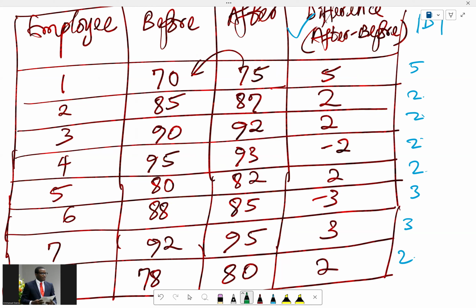Okay, wait. Do we rank just, yeah, it has to be from the smallest, right? So 2 is in first, second, third, fourth, and fifth position. So that should be 15 divided by 5.